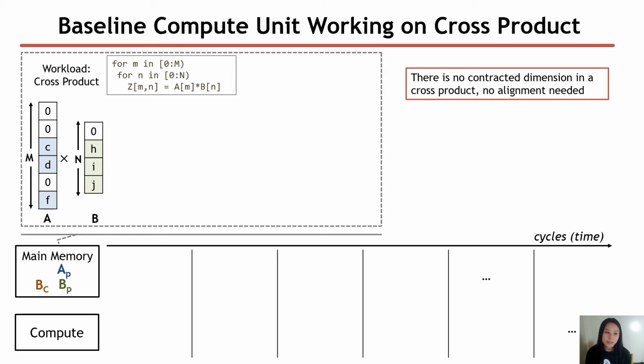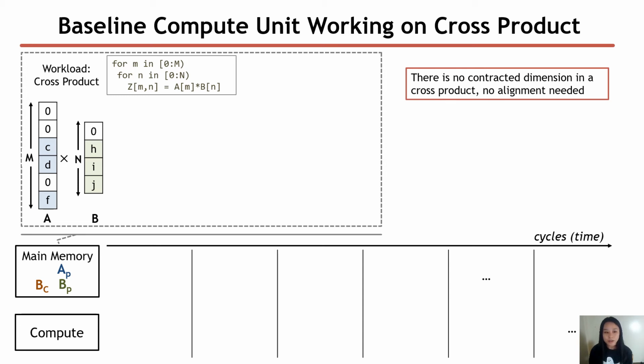So in this example, we are looking at a cross product where essentially we go through each element in A and B, and we multiply each A with every single one of B. So we arrive at an output Z with dimensions M and N, which is not shown here, but we're performing many more computations in this workload.